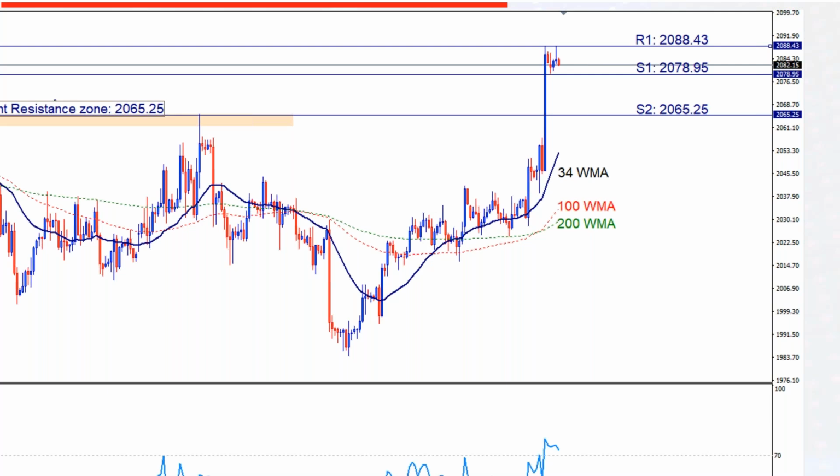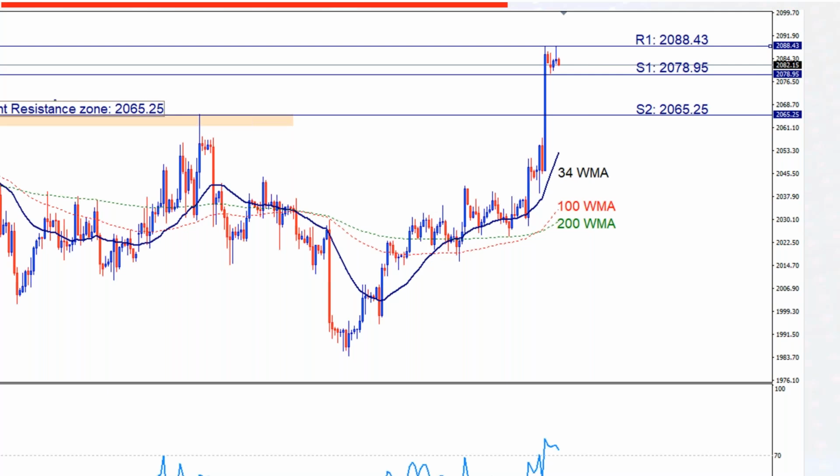And then when price is getting closer to the 34 WMA, that would be a good point to look for a new entry, a buy entry to the market.